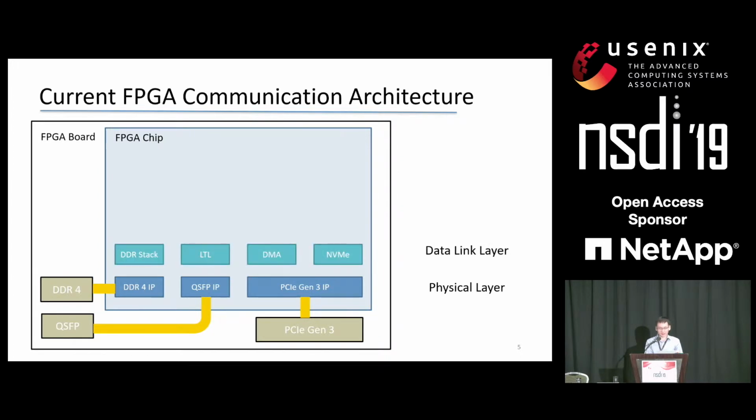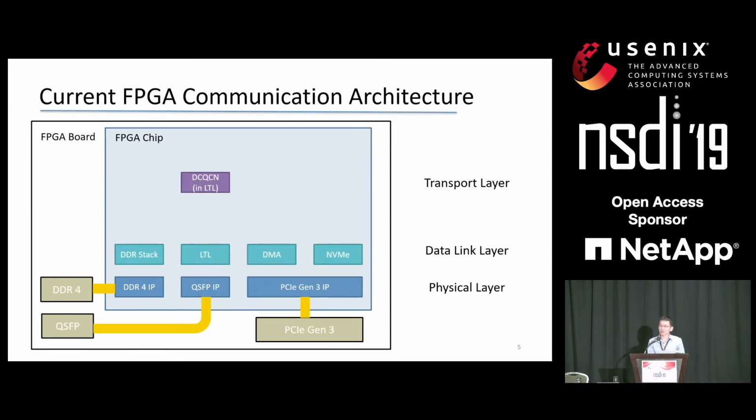Above the physical layer, data center operators like Microsoft and Amazon provide their own data link layer stacks to hide the difference between each IP core and to implement the data link layer protocols.